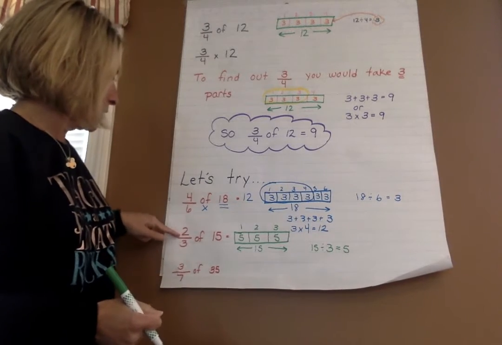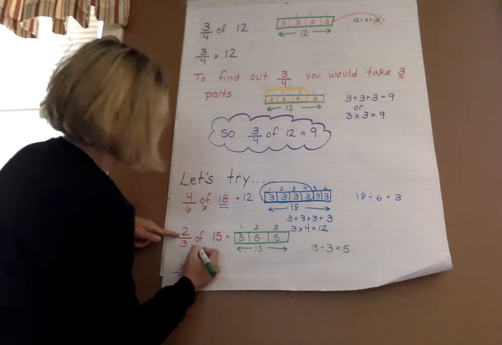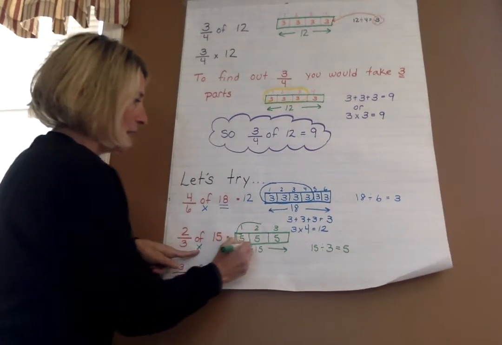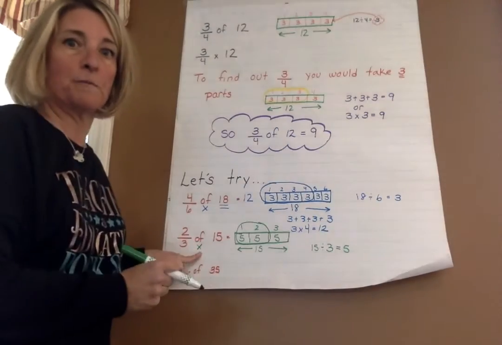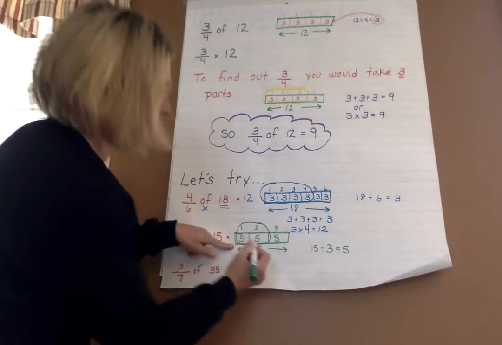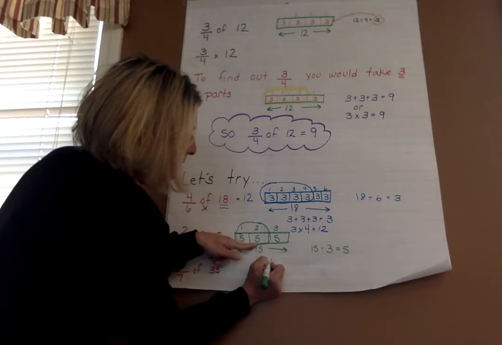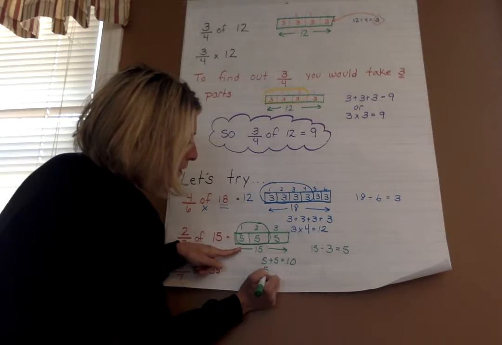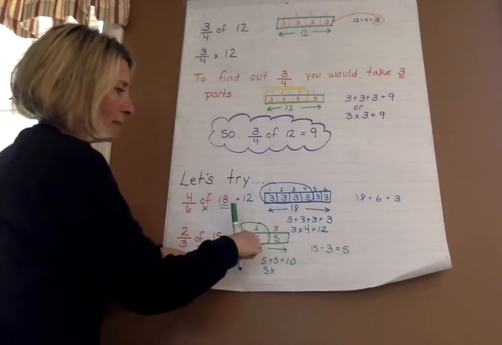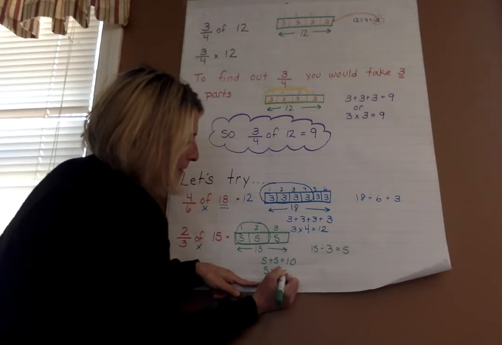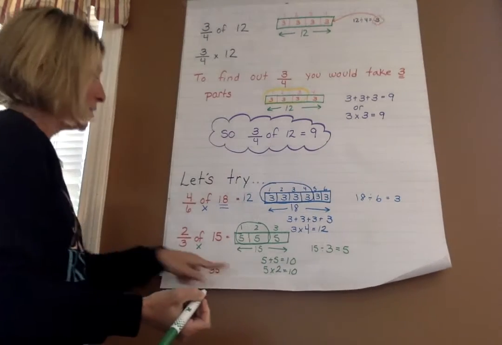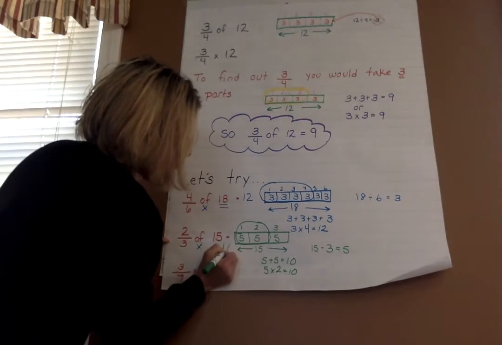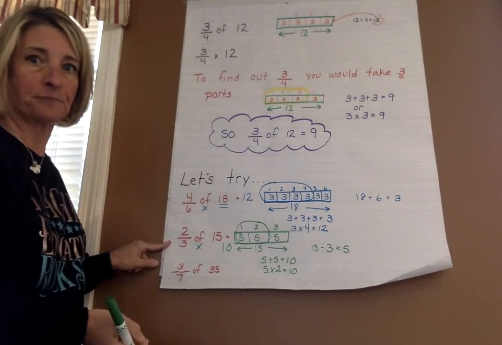So if I want to know what 2/3 of 15 or 2/3 times 15 is, I'm going to look at 2 of the groups and I'm going to add up what I have. So I have 5 plus 5 equals 10, or I could do 5 times 2, same thing, equals 10. So 2/3 of 15 equals 10.